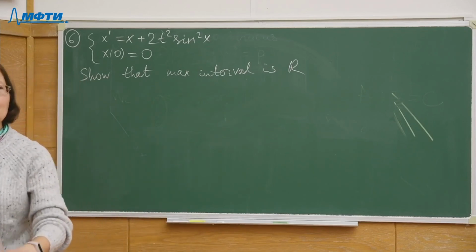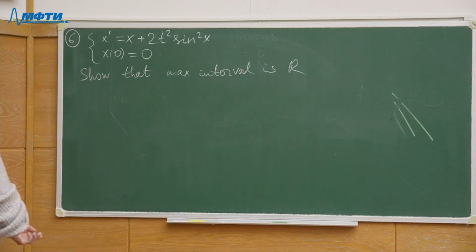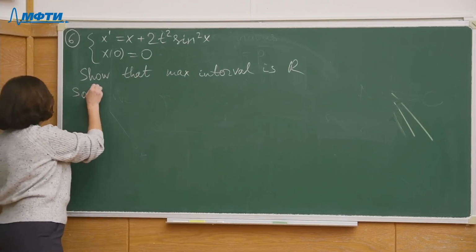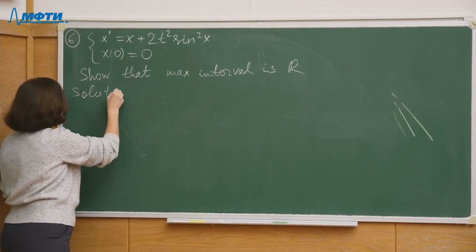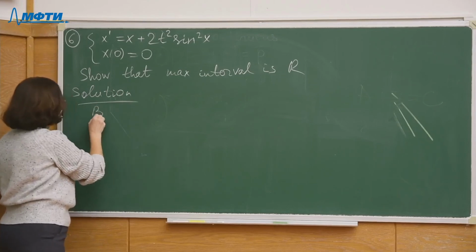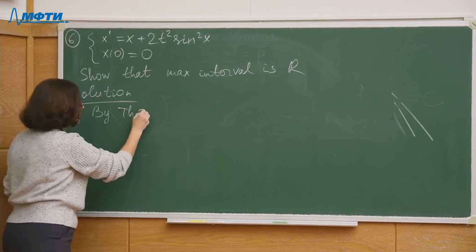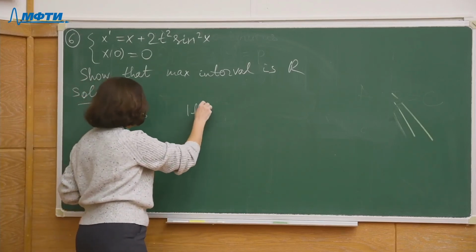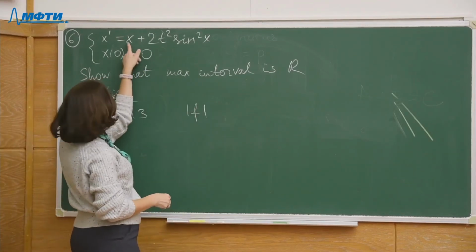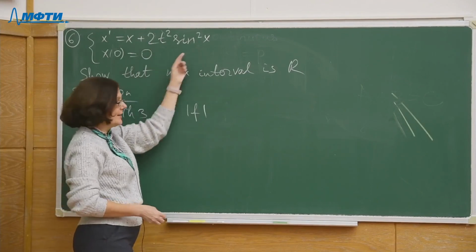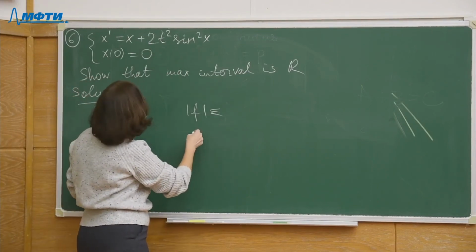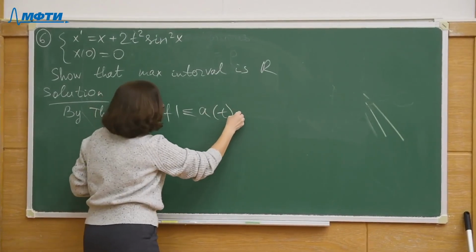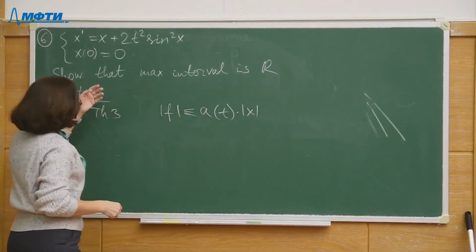How to prove this? Okay, we can use the last theorem. The solution is very easy. We will use theorem number 3. By theorem number 3, we must show that the absolute value of the right-hand side doesn't exceed a of t times the norm of x plus b of t.